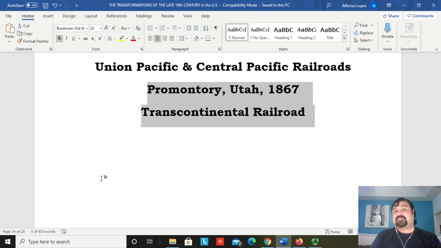So in 1867, now there is one rail line that Americans can take from the East Coast, from anywhere in the Eastern Seaboard.